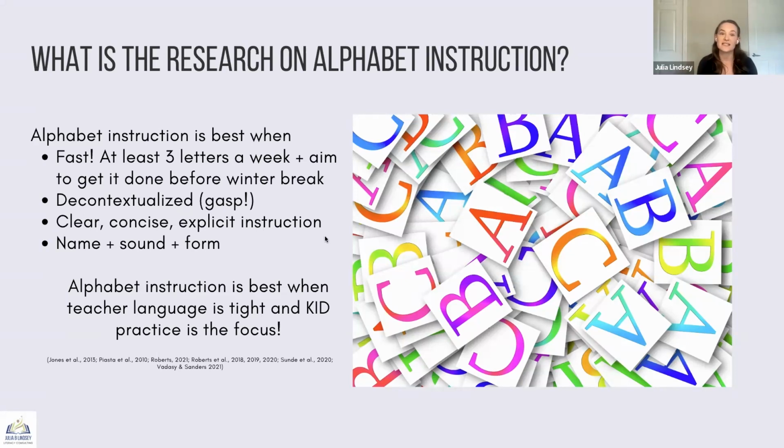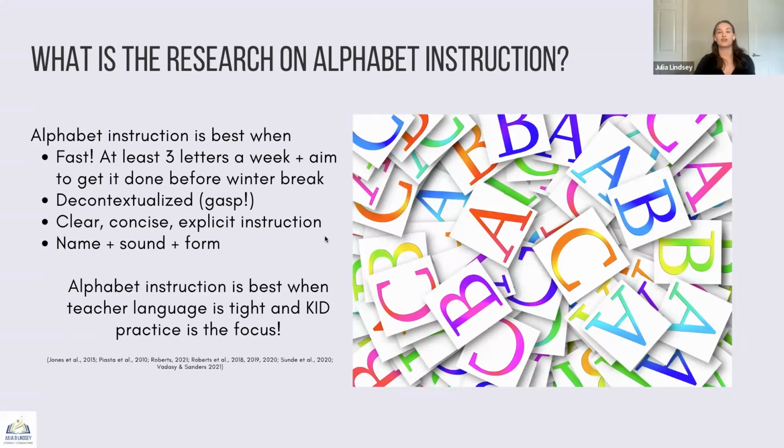The second reason that this is really helpful is because it gives us a larger amount of time to identify children who are needing extra support. If we wait until May or June to assess, did my kindergartners learn the alphabet, there's almost nothing you can do about that. They're going to first grade, and if they don't know the alphabet, you might not have time to give them any support in learning the alphabet.